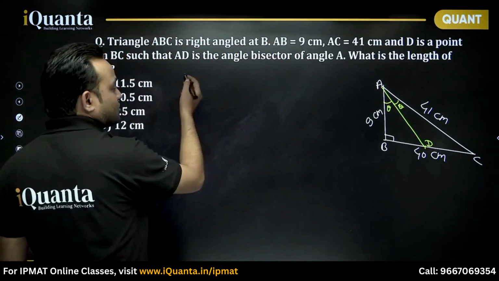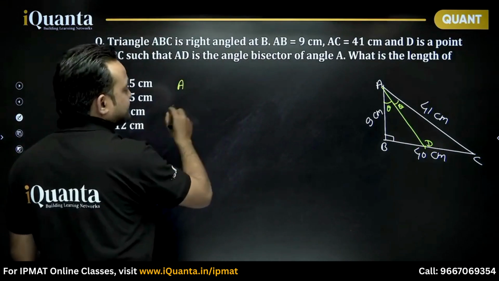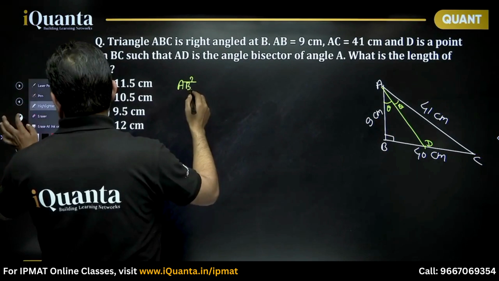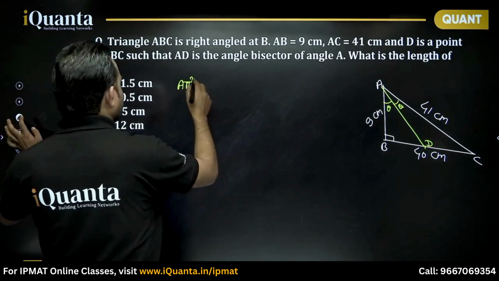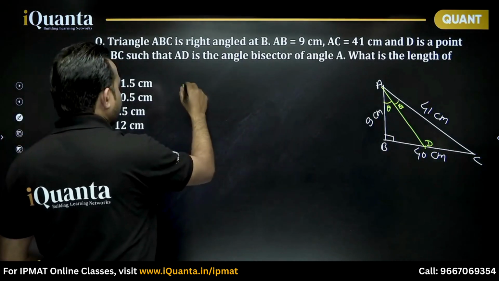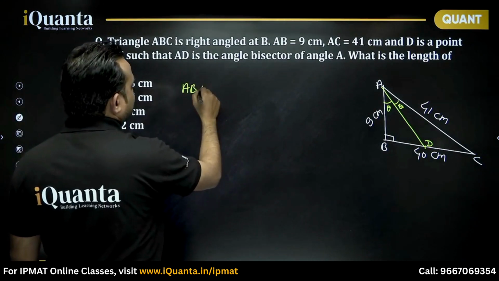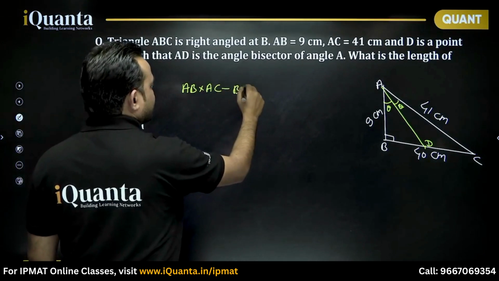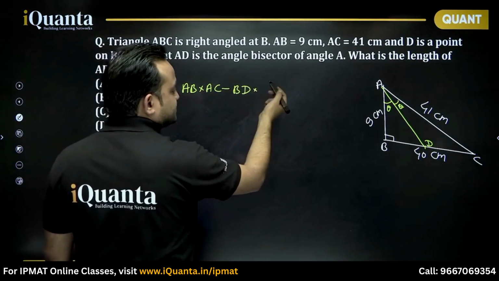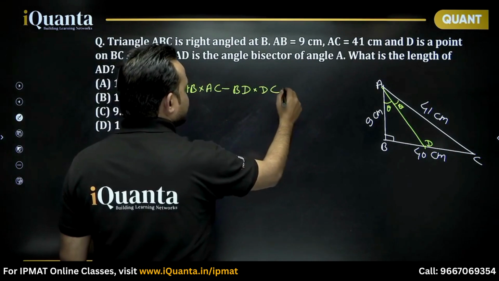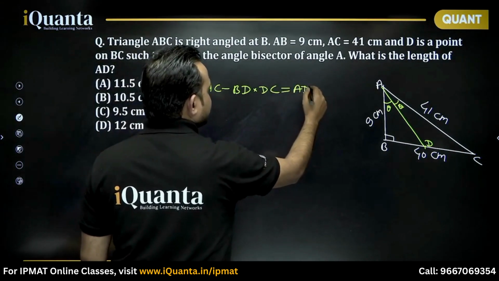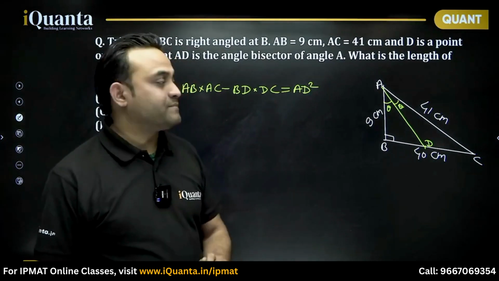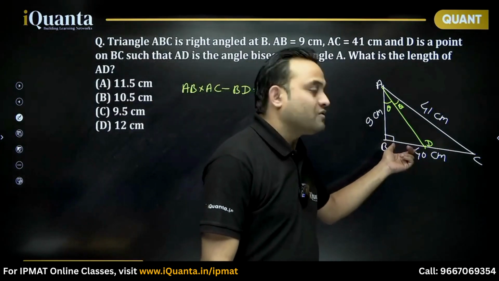It says that if AD is the angle bisector, then AB into AC minus BD into DC is equal to AD square. Using this, we can find the length of AD. But before that, we need to find the lengths of BD and DC.